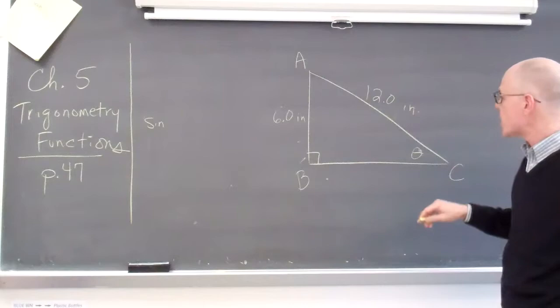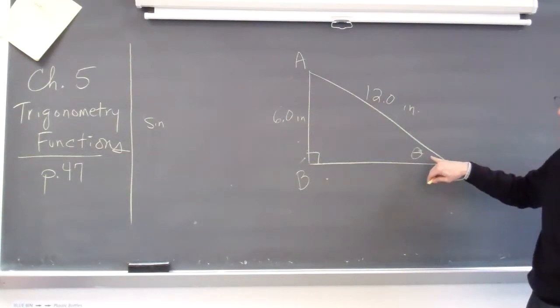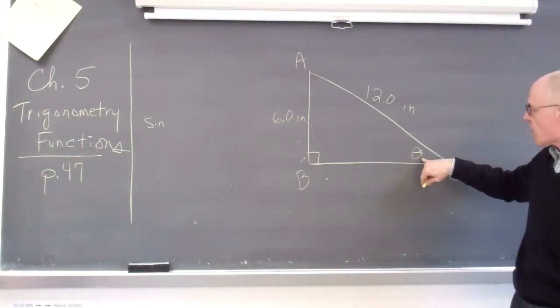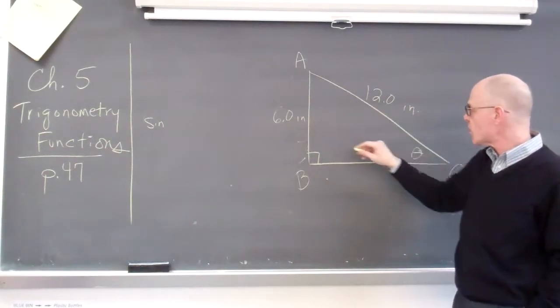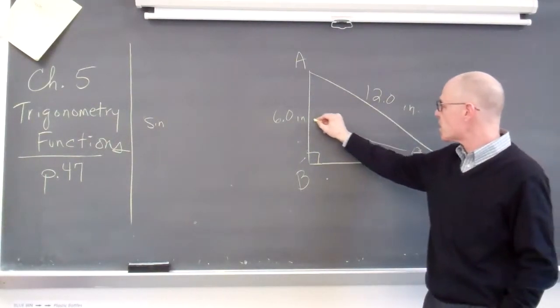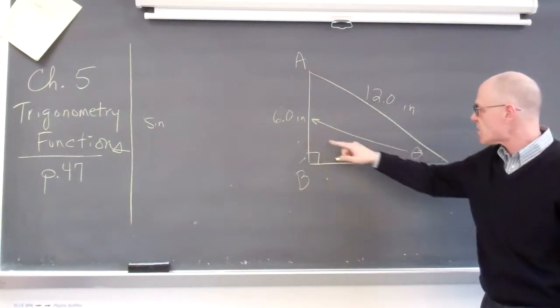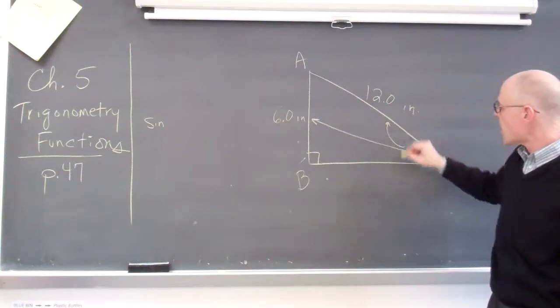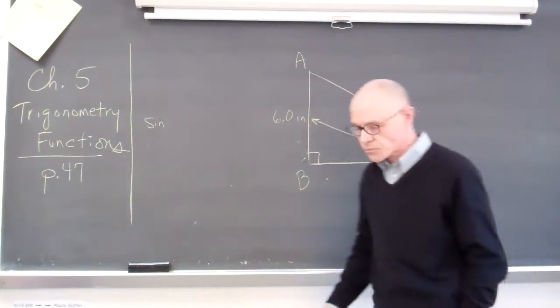What the sine function will do is, for a given angle, in this case the angle theta, it's comparing the length of the side opposite this angle, so the 6-inch side is opposite the angle theta, to the hypotenuse, which is the side opposite the right angle.